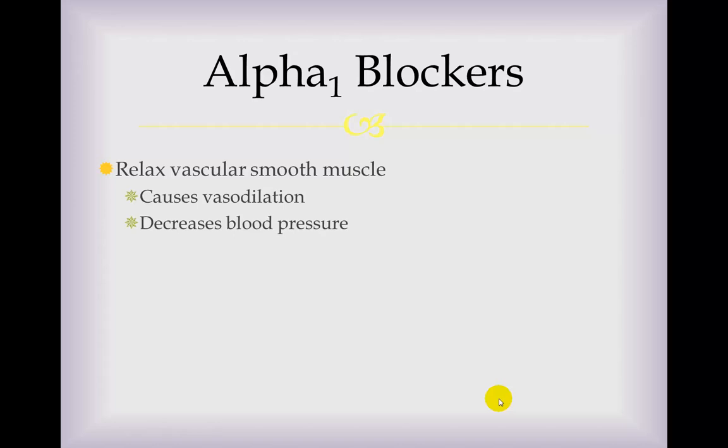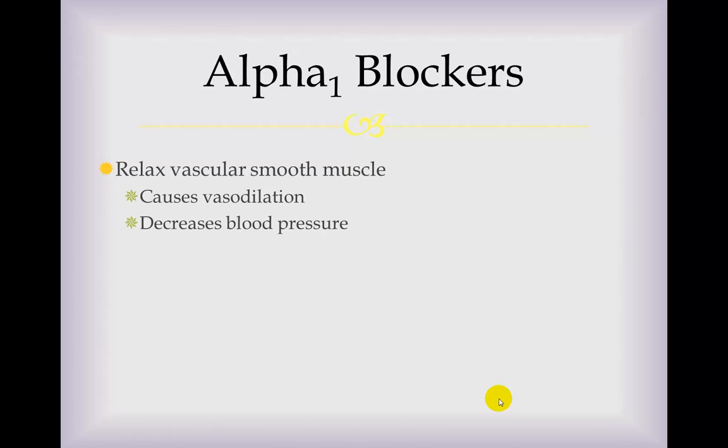By relaxing, it opens up that vessel and allows blood to flow through freely. It's the difference between trying to force water through a coffee stirrer, or even taking a drink through a coffee stirrer, versus taking a drink through those big straws that you get in the plastic cups.